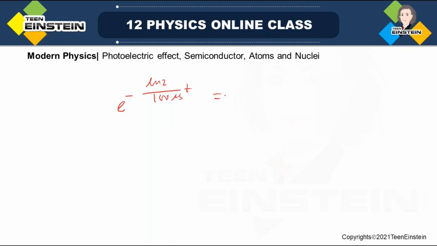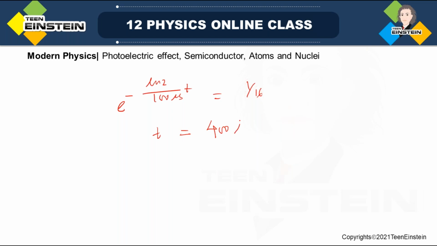So if we solve for time, what would be obtained? We would obtain t is equal to 400 microsecond.